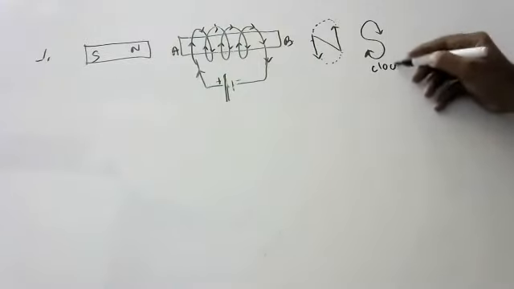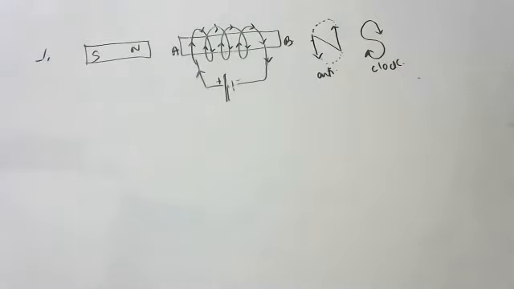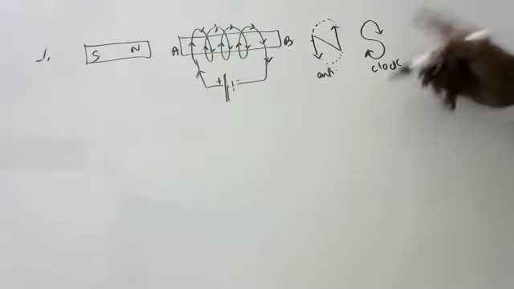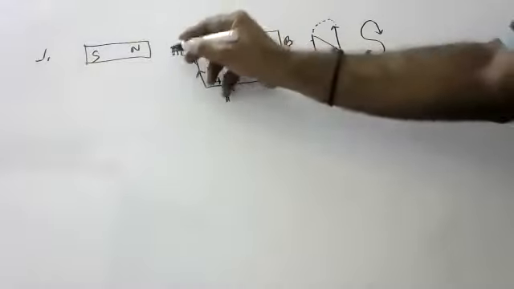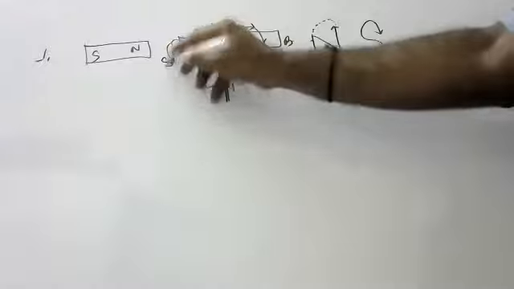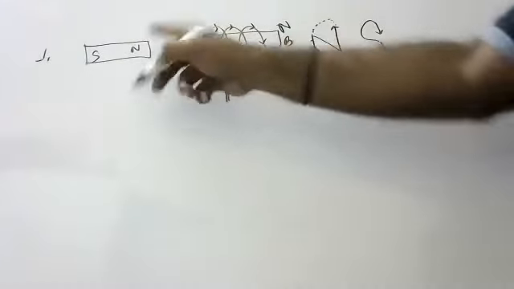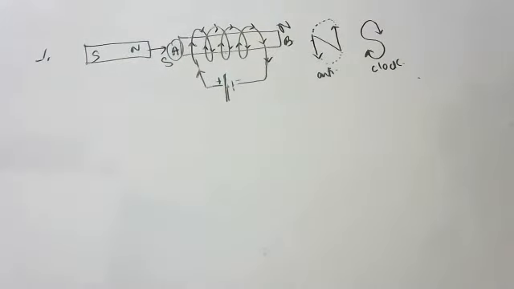South is clockwise, north is anti-clockwise. So here, because the current is going anti-clockwise, this pole is north, and this pole is south. North and south are there, so this will go and attract to this.